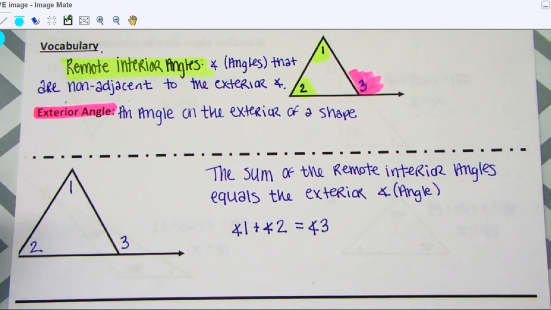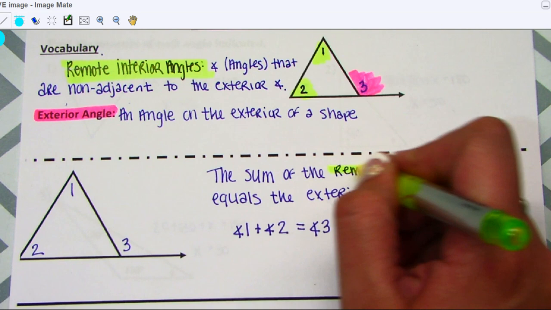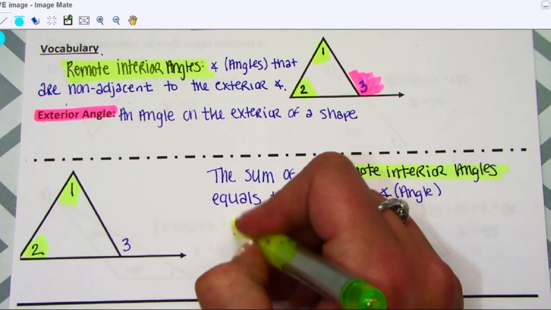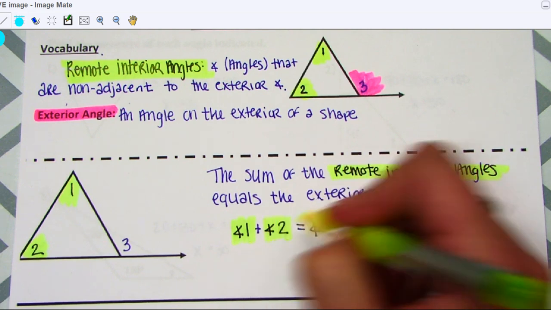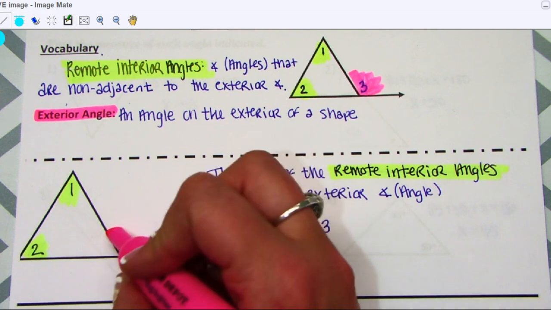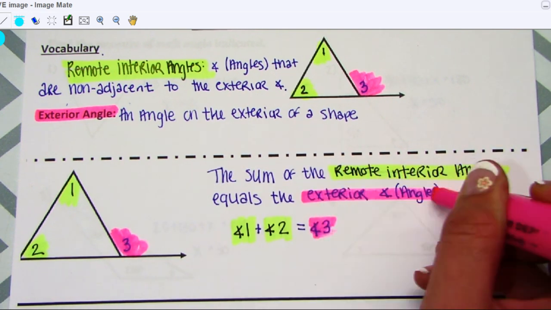So to match our picture, the remote interior angles are 1 and 2. This angle and this angle. Okay. When I add those two measures together, it's going to equal whatever angle is on the outside. Angle 3. And angle 3 is the exterior angle.